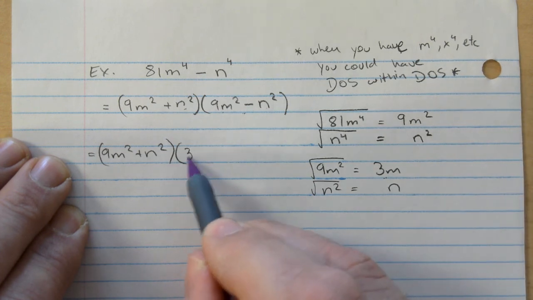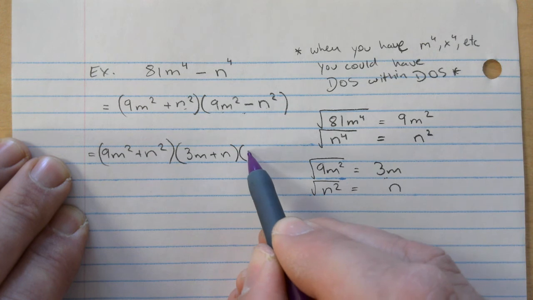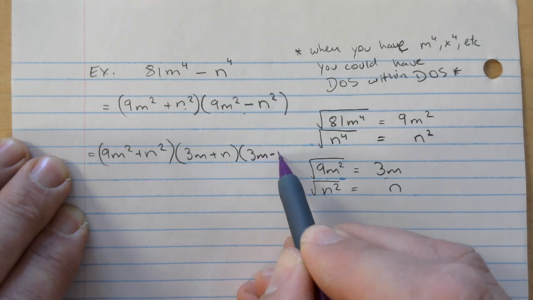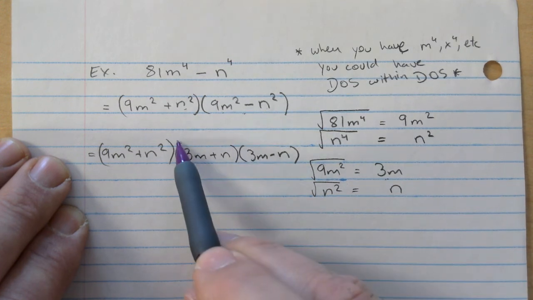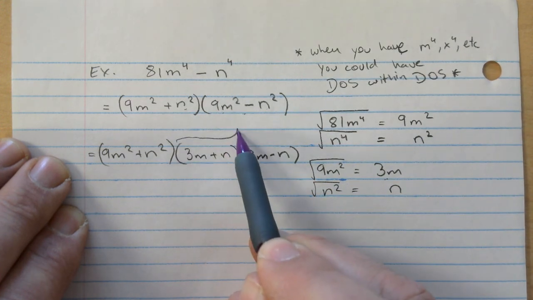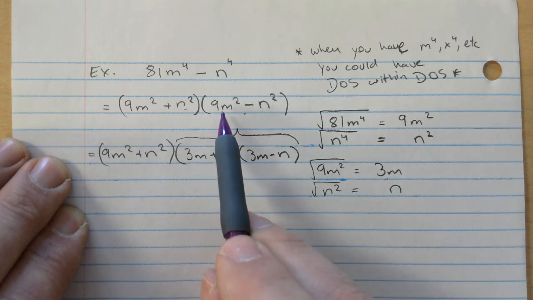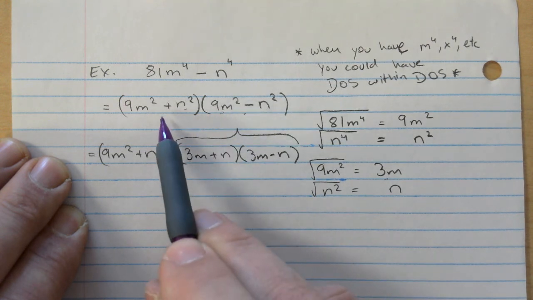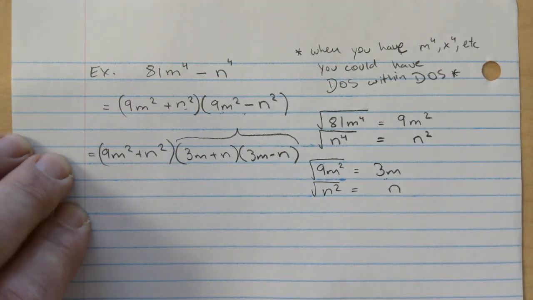And then we go 3m plus n, and then 3m minus n. You can't go any further because there are no squares anymore. So these two brackets came out of that one. And this one just stays. You can't do anything with it.